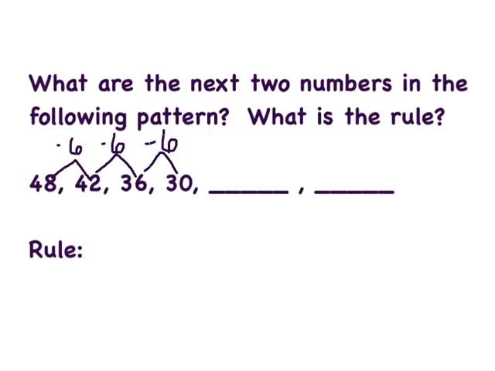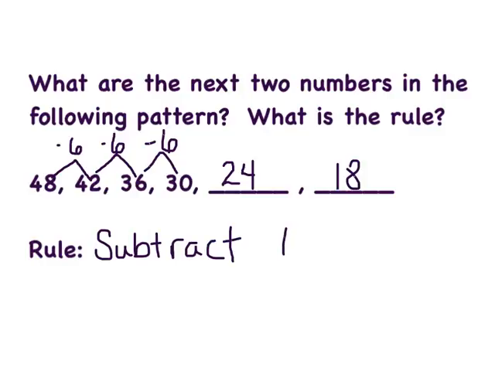So if I had 30 and I went back 6, then I would be down to 24. And if I went down 6 more, I would be at 18. So what is my rule? I was going to subtract 6 each time.